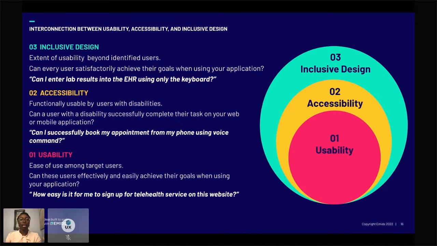So looking at inclusive design, you are not actually segmenting users, but you are looking at everyone and considering the diversity of interaction with the environment and with products. And we can see that there's a relationship between these three concepts. And so it is important to consider the three from the beginning to be more effective in our product design.